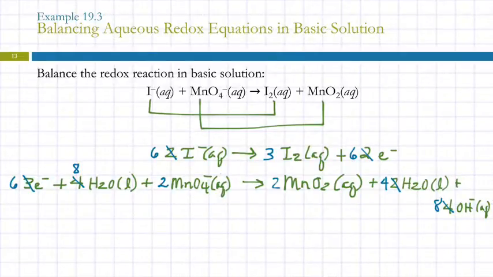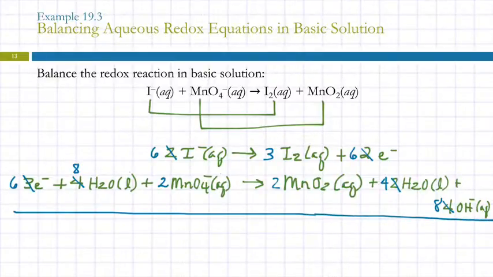Okay, so we need to add these together. Awesome. It's not going to fit on one line. So the electrons cancel out, right? Are we okay with that?